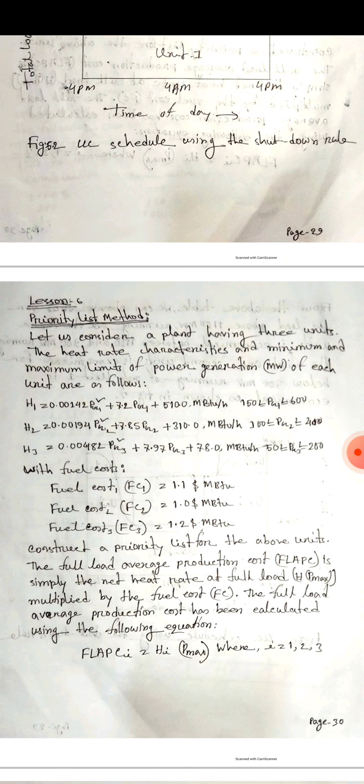The heat rate characteristics and minimum and maximum limits of power generation of each unit are as follows: H1 equals 0.00142 Pg1 squared plus 7.2 Pg1 plus 510, H2, H3, with the fuel cost 1.1, fuel cost 2, fuel cost 3.